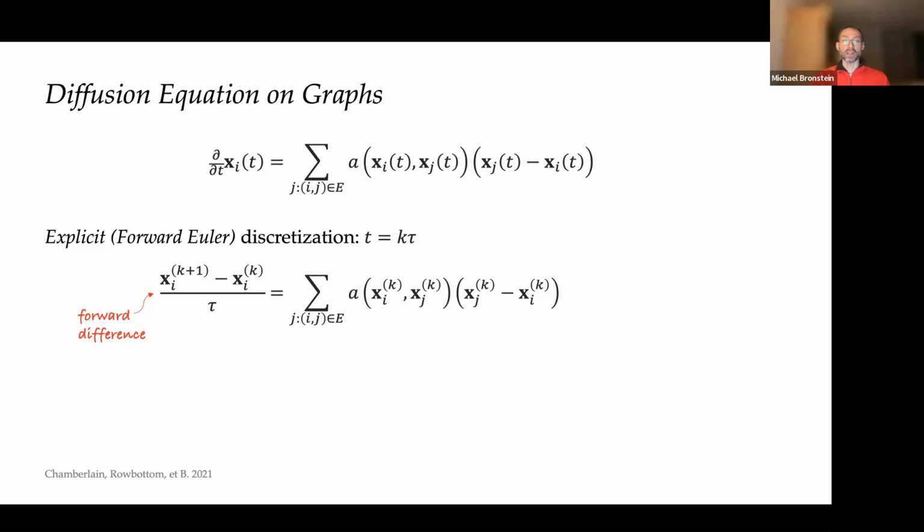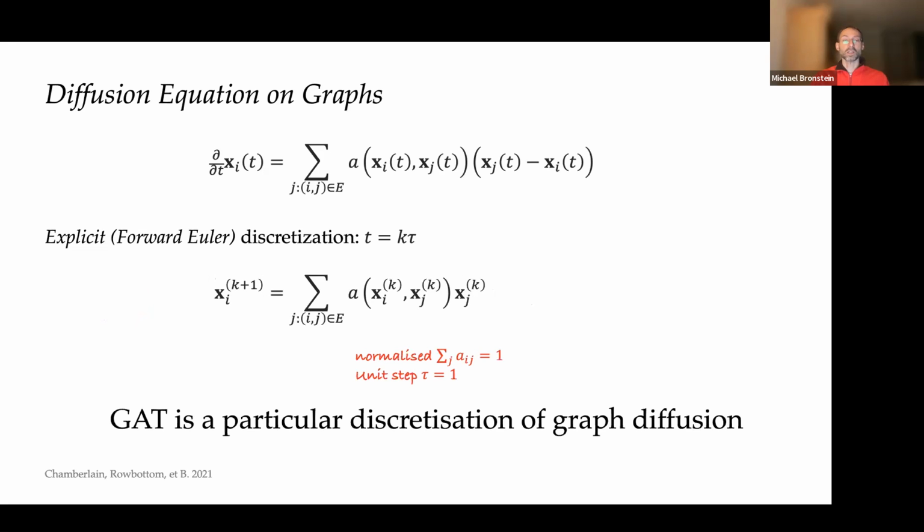If I slightly reorder the terms here, I get a familiar expression that we've seen before in the first part of the tutorial, which is a graph attention network. Here I assume that the diffusivity is normalized, so it's stochastic, and this can be interpreted as attention. And we are assuming here that the time step size is tau equal to 1. So you can see that graph attention is a particular discretization of graph diffusion.